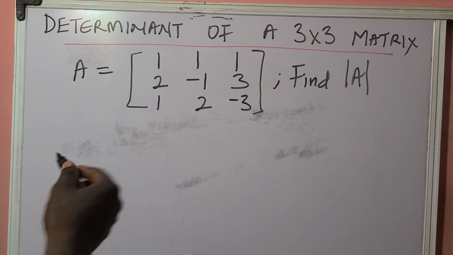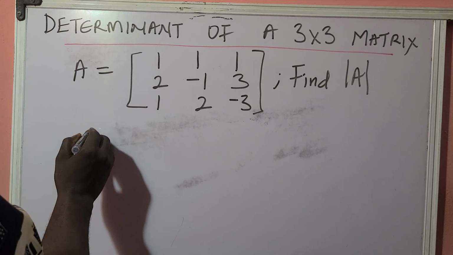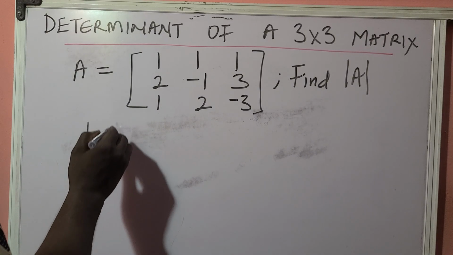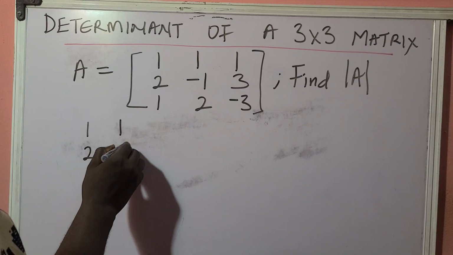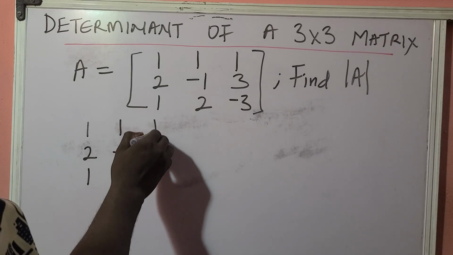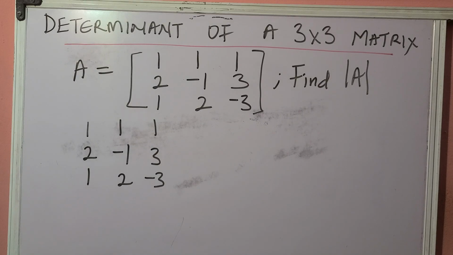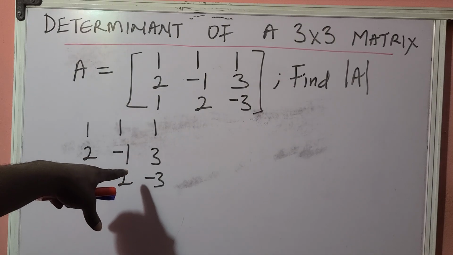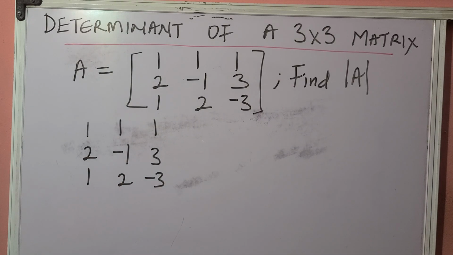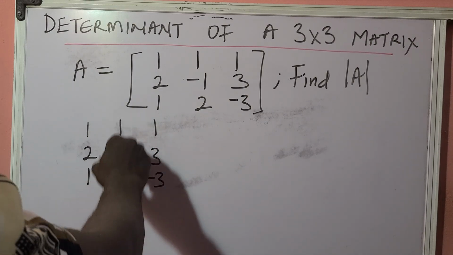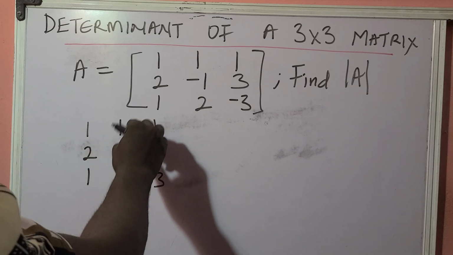When trying to find the determinant of a 3 by 3 matrix using this method, what you have to do is to rewrite the matrix. This is the first step. So you can see this is matrix A. What you have to do next is to rewrite column 1 and column 2.